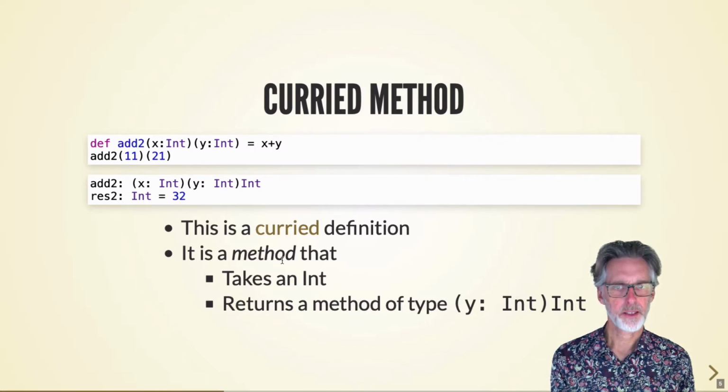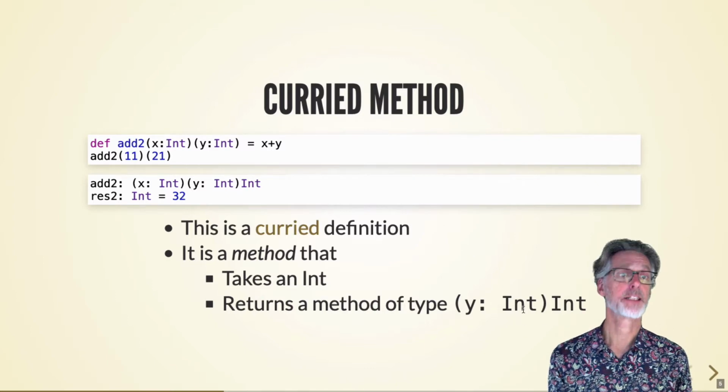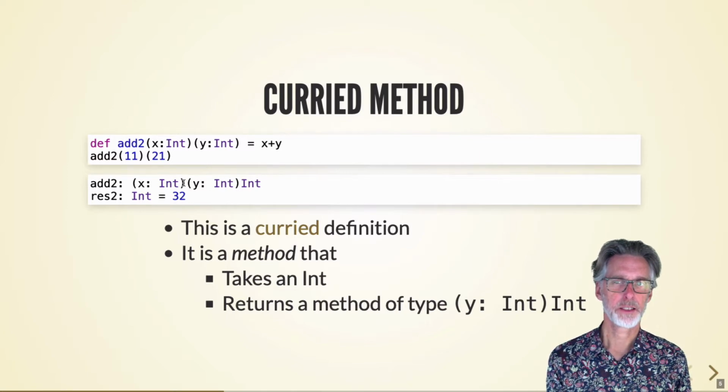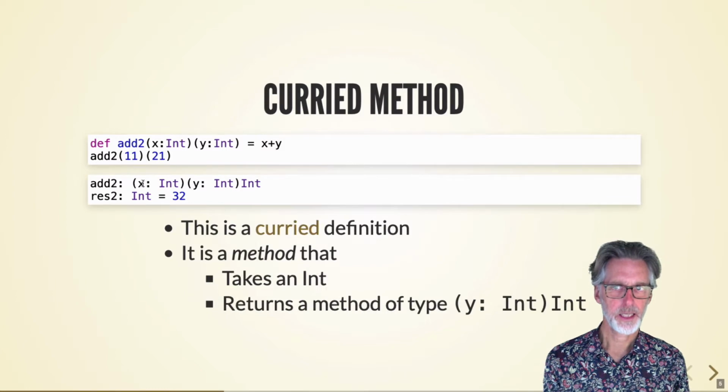This is a method that takes an int and returns a method that takes an int, and finally will return an int. And you can see this reflected in the type that Scala gives this method. So note that it's not accepting pairs and giving ints, it's instead taking integers and then returning a method.